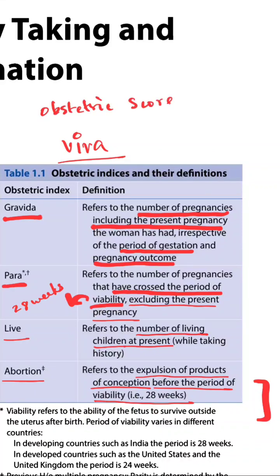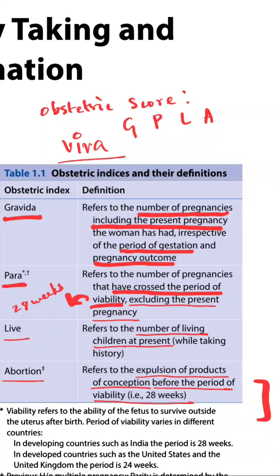Obstetric score, GPLA. For example, I am giving a case scenario. There is a woman who is coming with a period of gestation of around 30 weeks, and this is her third pregnancy.